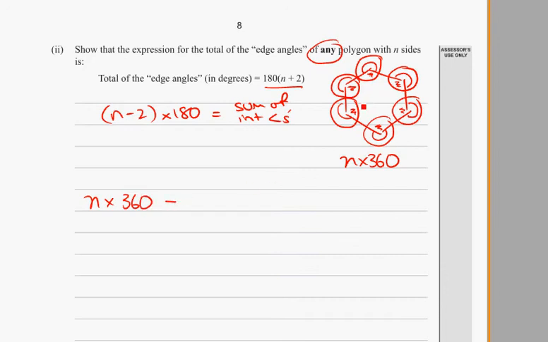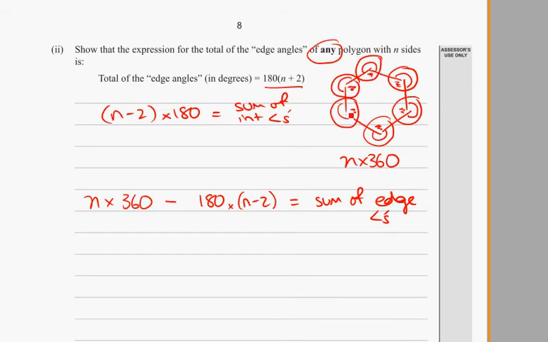And then if I can subtract the sum of the interior angles, and the sum of the interior angles is this one here, we might write the 180 in the front this time, then I should be left with the sum of the edge angles. So just think about that again.